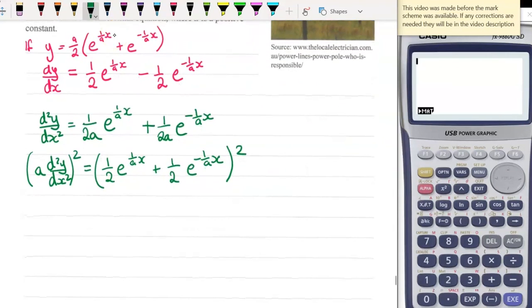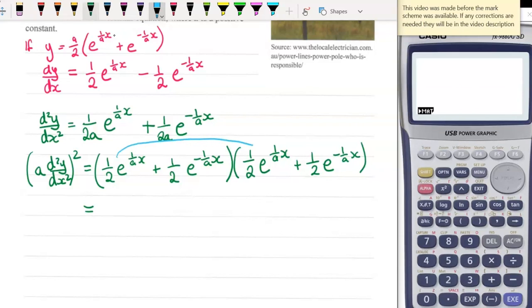Okay, so if I square that, it's the same as if I multiply by that bracket again, so I'm going to write it out just to make sure we don't miss anything. So first term, this one to this one, is going to give me 1/4 e to the, now if we're timesing things with powers, those powers get added, so 1 over a plus 1 over a is 2 over ax.